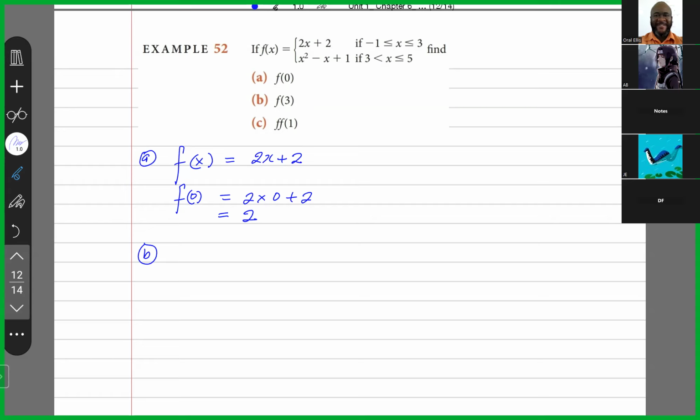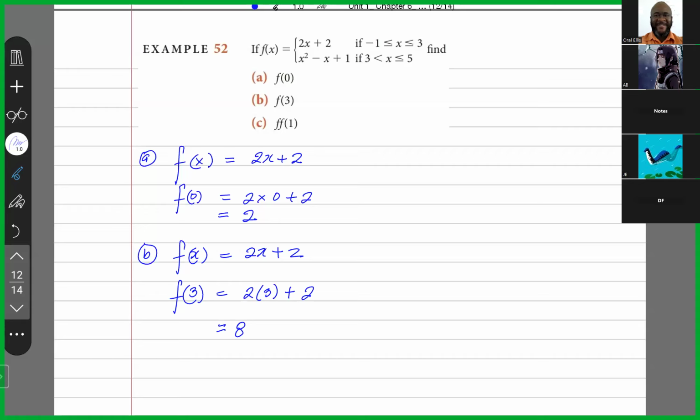So when x is equal to 3, f of x is equal to 2x plus 2. And so f of 3 would be equal to 2 times 3 plus 2. So this looks like 8.